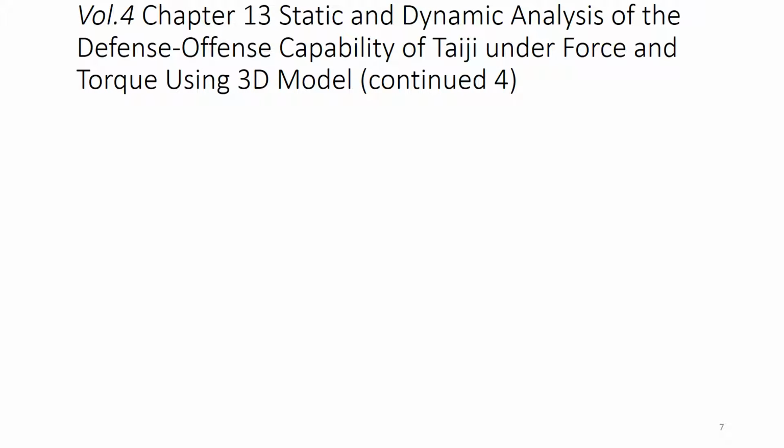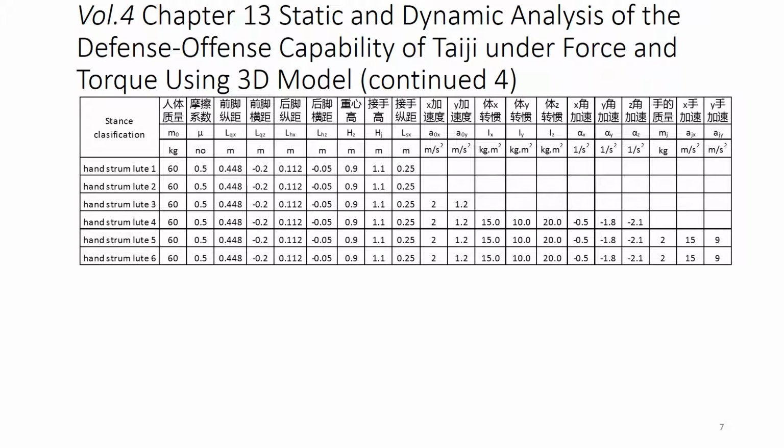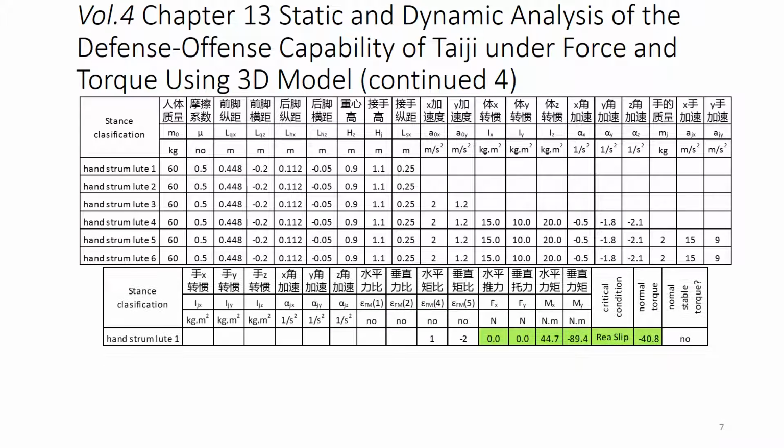Chapter 13. Static and Dynamic Analysis of the Defense-Offense Capability of Taiji under Force and Torque using 3D Model. Continued 4. Input data. Output data. Case 1. MX 44.7 Newton-meter.